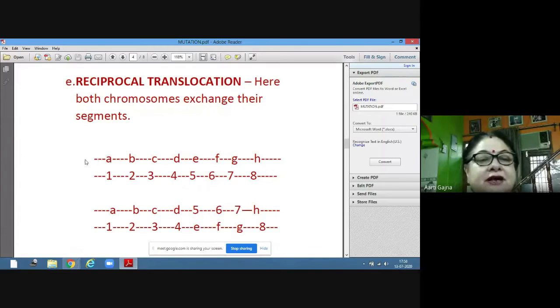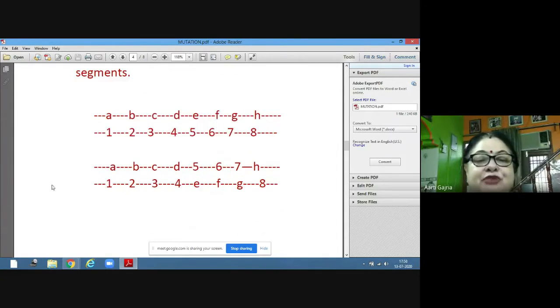Just see this. The original sequence is A, B, C, D, E, F, G, H, and the original sequence of the second chromosome is 1, 2, 3, 4, 5, 6, 7, 8. Now what will happen? 5, 6, 7 of this would get translocated to this one, and from here, E, F, G will get translocated to this. So this is called reciprocal translocation.